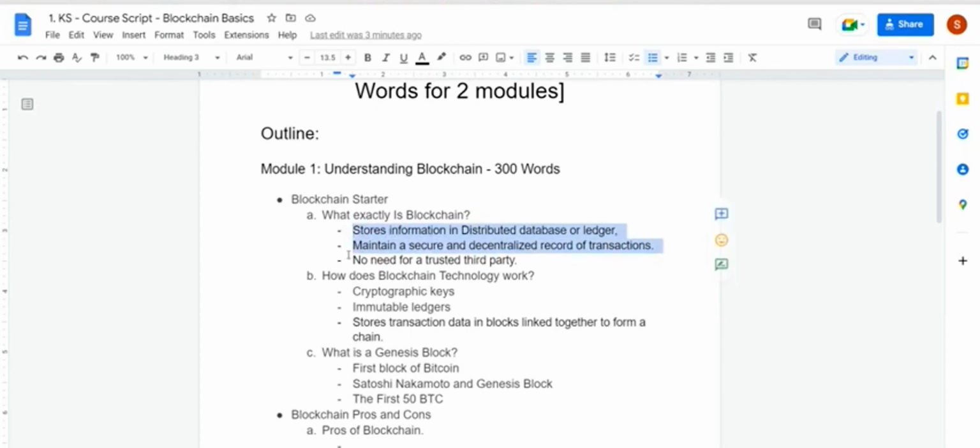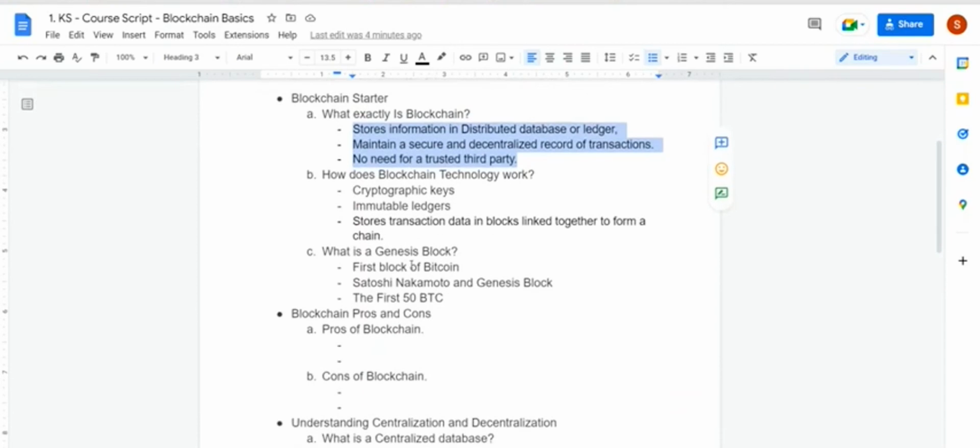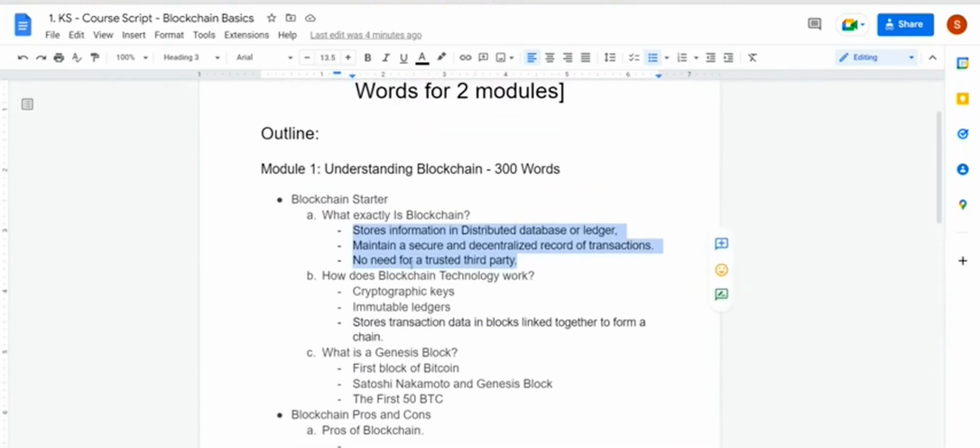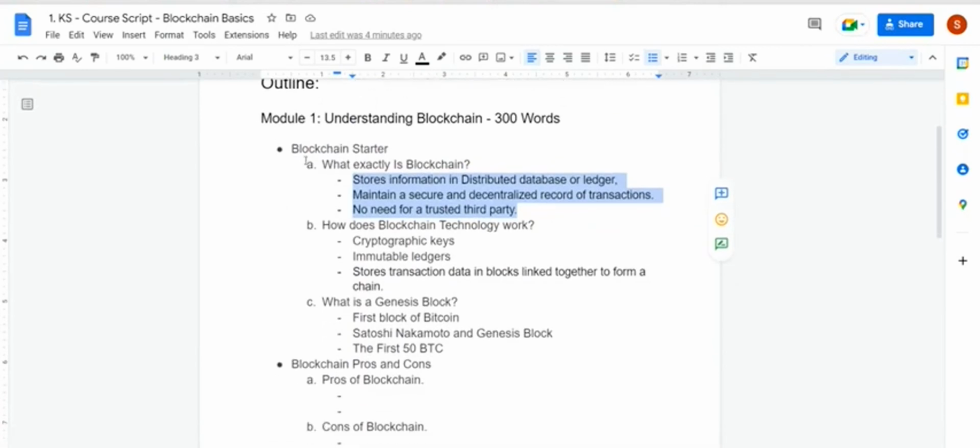But if you think three points are necessary, you can put them in there. And the other thing is, for each of these, where are you getting the information from? You should put it like, this is the information I am getting from what exactly is blockchain.